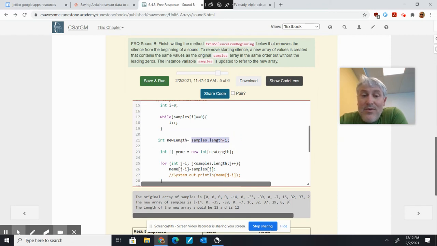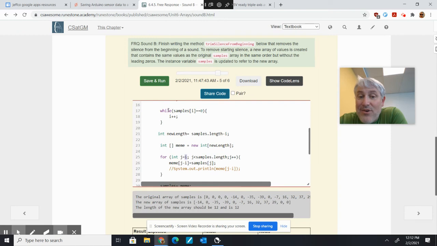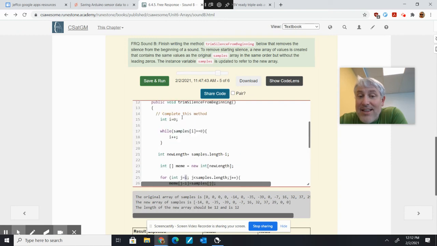Okay, so we made a new array that's 4 less than the original array. Then we cycled through and we put the values, but we didn't start at 0, we started at the length of the zeros.